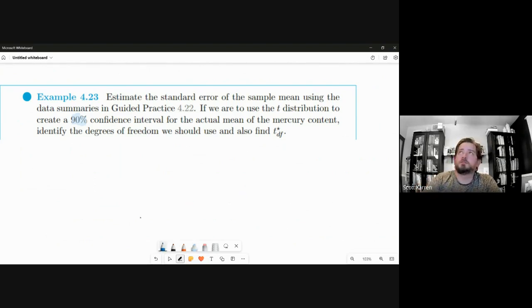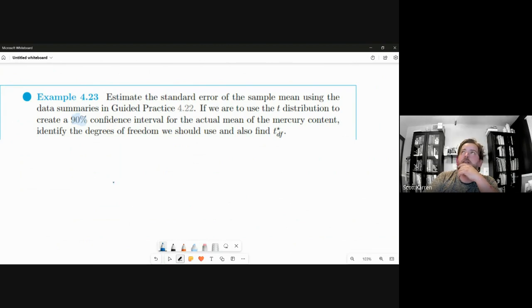I apologize, this is not that example. It's the example that we just talked about.